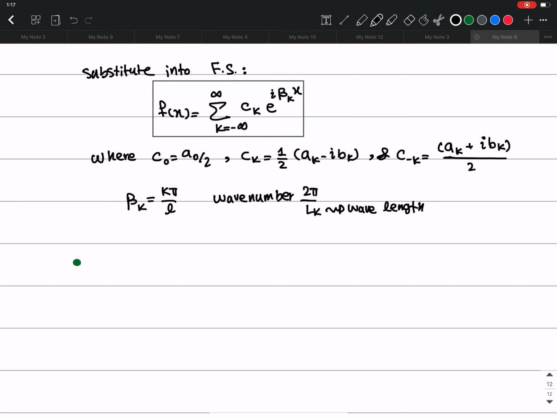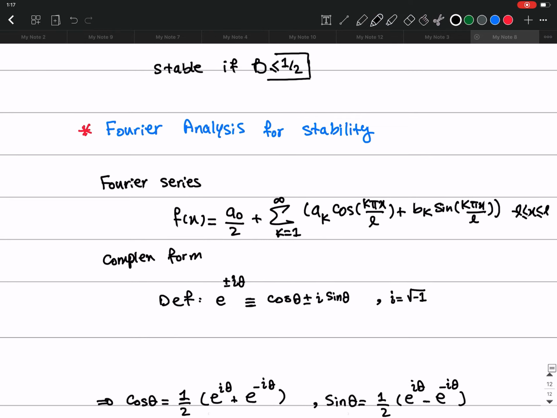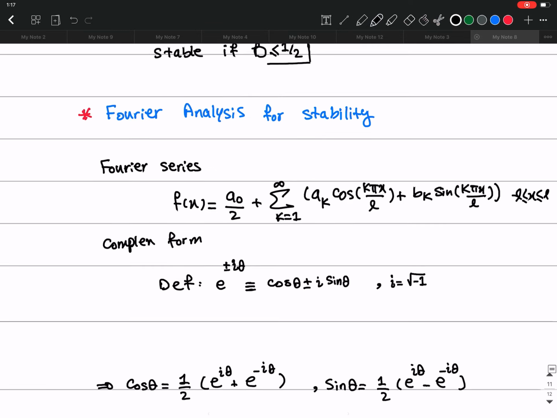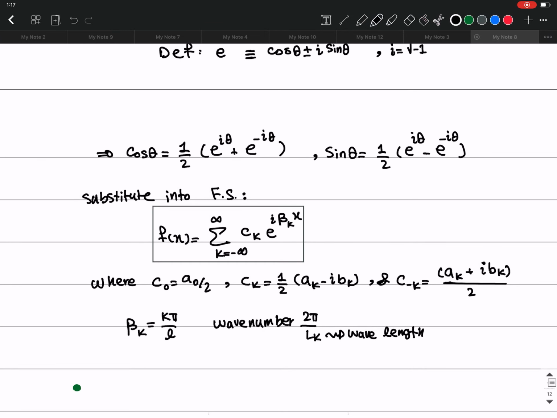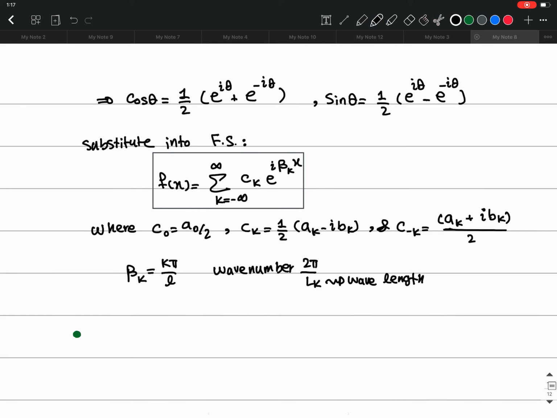First, how we should do this Fourier series analysis. So this was just an introduction of Fourier series and what it means and how it looks. The first thing you need to do in this analysis is to represent the initial condition by Fourier series.